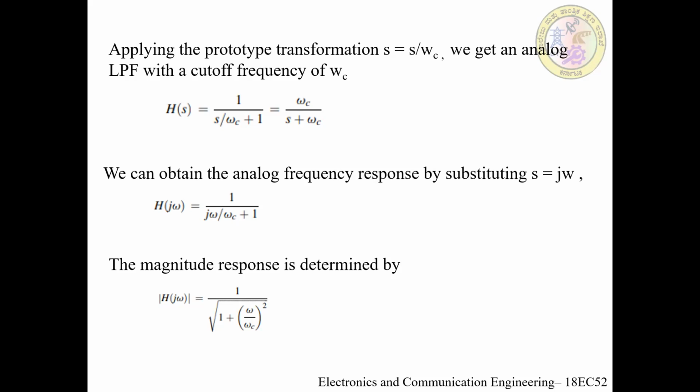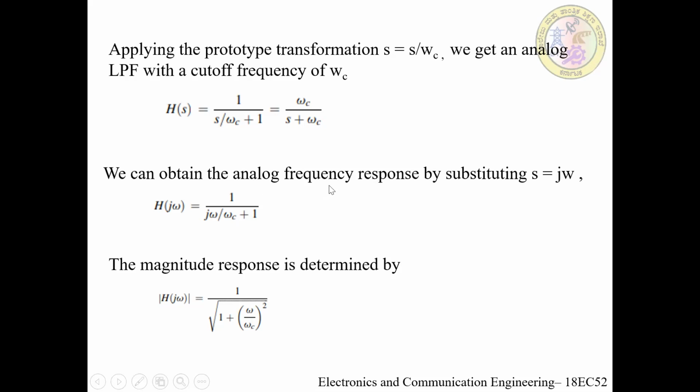Applying the prototype transformation, S is equal to S by omega c, what we get is the analog low-pass filter with cutoff frequency of omega c as H of s equal to 1 over s by omega c plus 1, which is equal to omega c by s plus omega c.